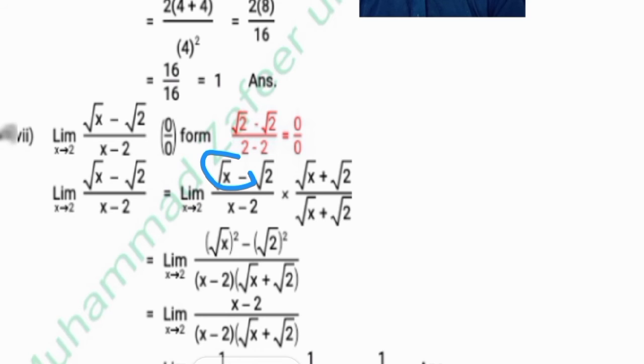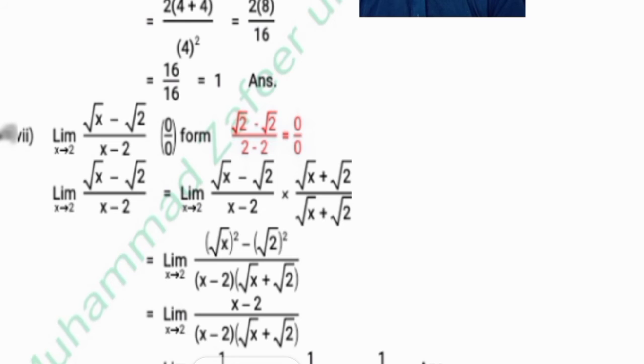As there is square root in the numerator, we have to rationalize according to the numerator. As there is a sign of negative, we will write a positive sign between square root x and square root 2. Rationalize means we have to multiply and divide with the same term. Another very important thing: rationalize means we have to multiply with the same term, multiply and divide.